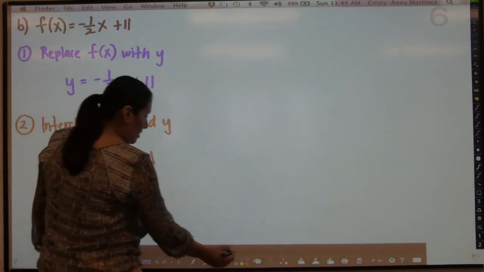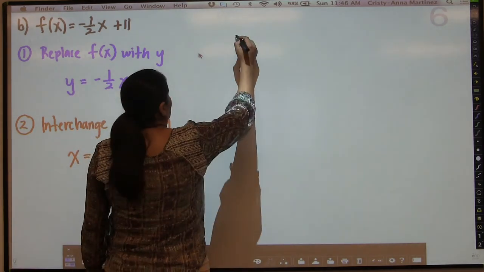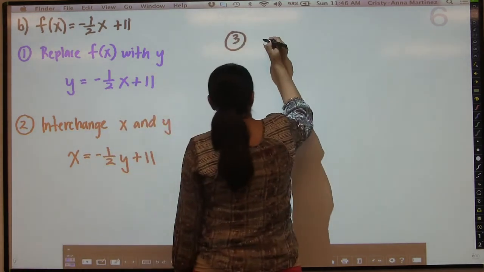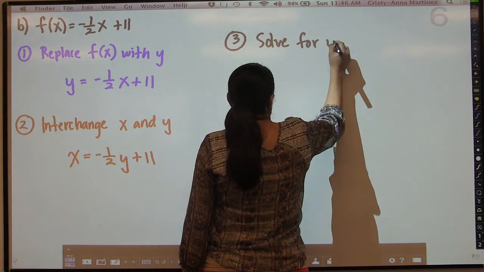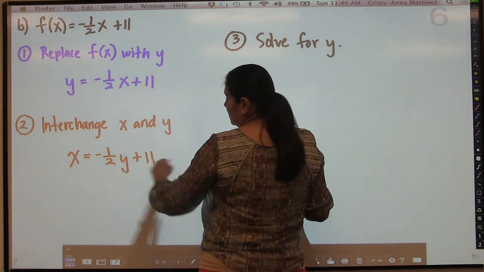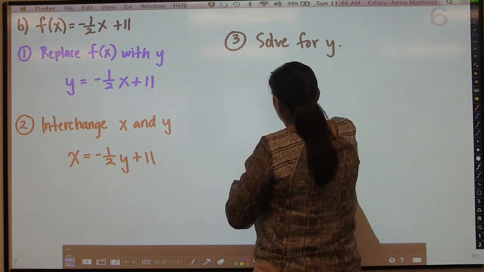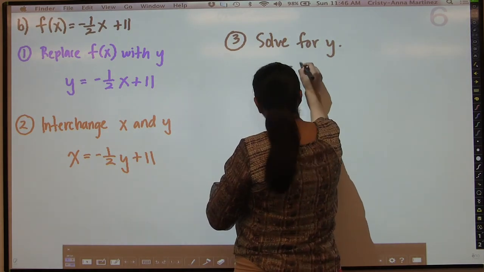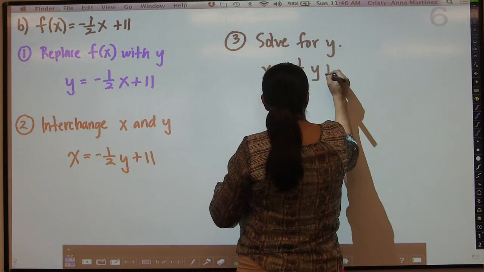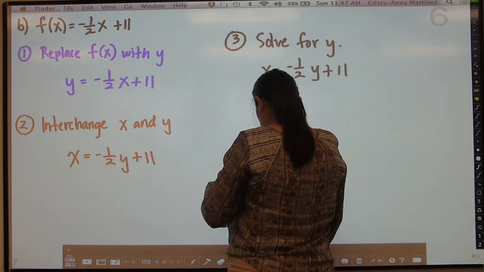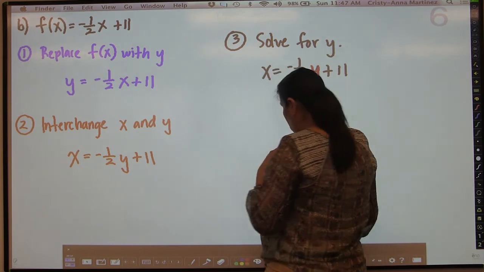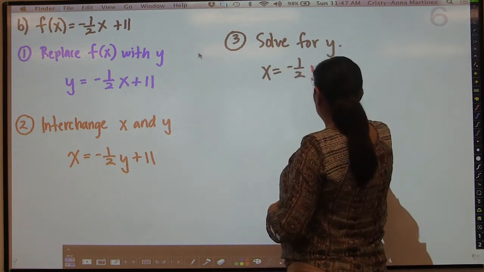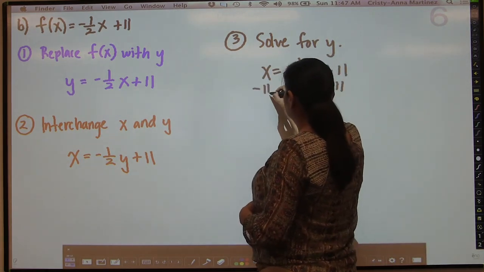Then step 3 is going to be to solve for y. So now it says x equals negative 1/2 y plus 11. And I'll rewrite that over here. And now we want you to solve for y. So to solve for y, I'm going to subtract 11 from both sides.